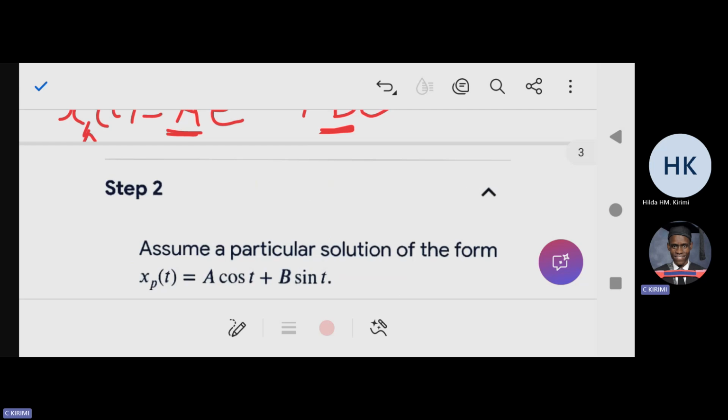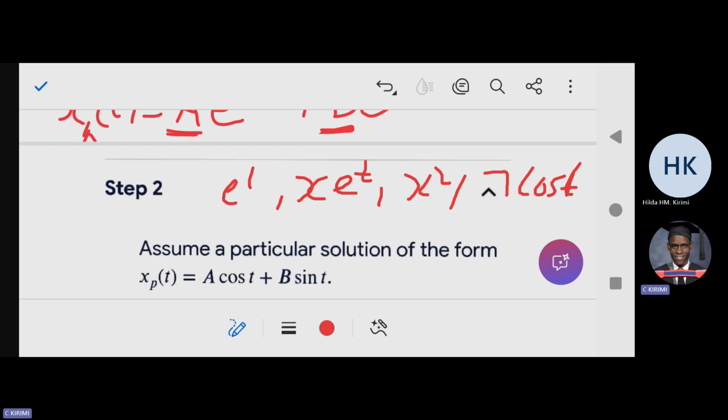Sometimes you might find that on the right-hand side it's not only a quadratic, it might be x e to the power t, or x squared, or the one which was given, 7 cos t. Can you see that there's a difference in the functions that you will be having? Sometimes you might only have e to the power t.